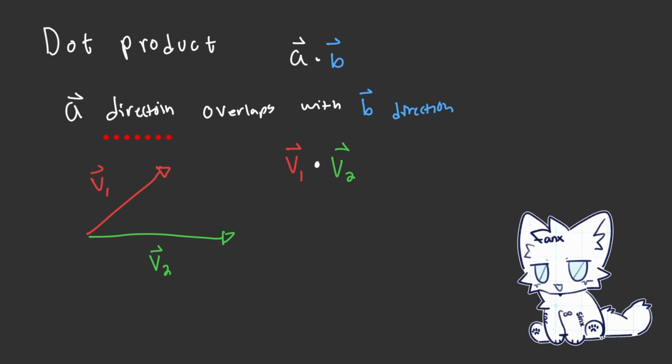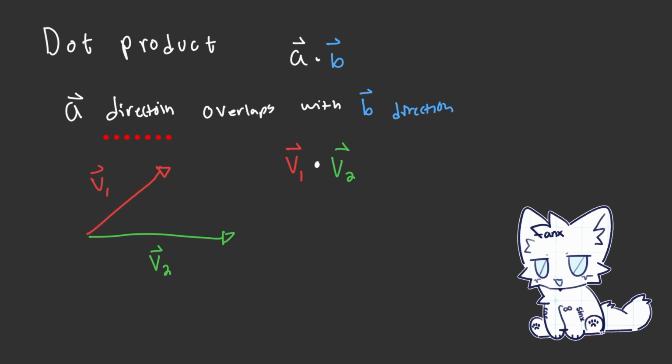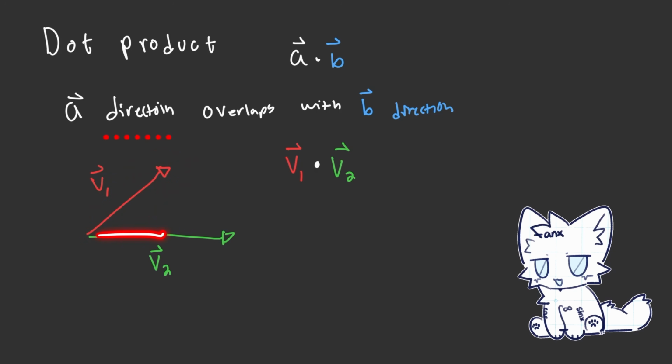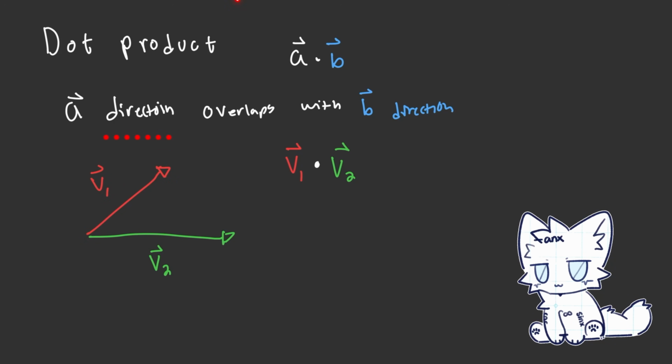If you multiply the dot product of V1 and V2 by vector 1, you'll just get a linear combination that will lie on this line. But we want to see how much of vector 1 lies on vector 2. So we multiply by vector 2.